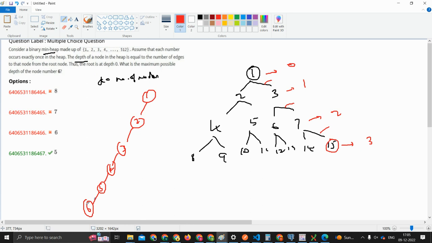Is that a heap? This is still a minimum heap, right? So I can have a 7 here, and then 8, 9, 10, 11. This is still a minimum heap, right? You can do the other part too. So 1, 2, 3, 4, 5 will come like this, then the rest of the things go in order.